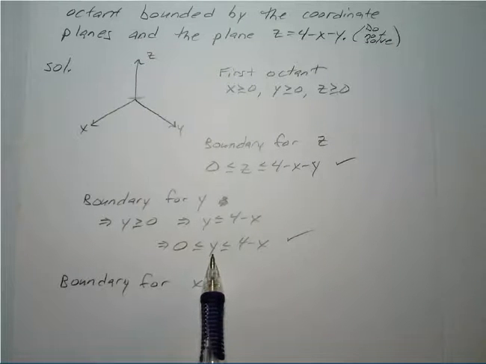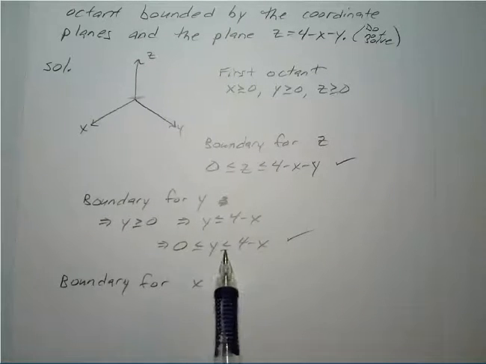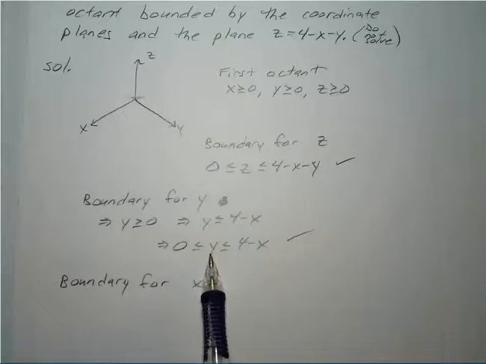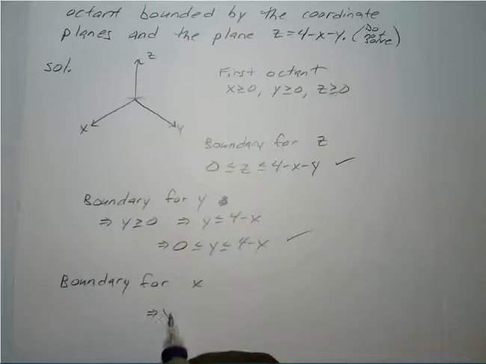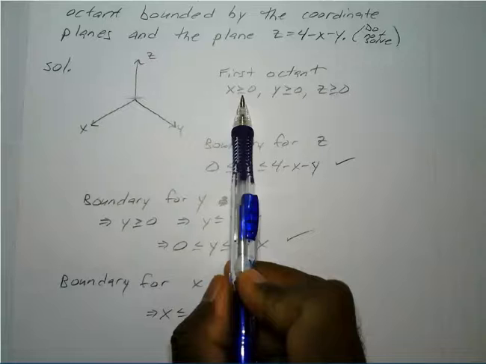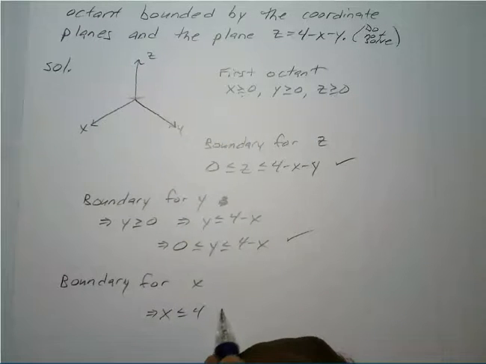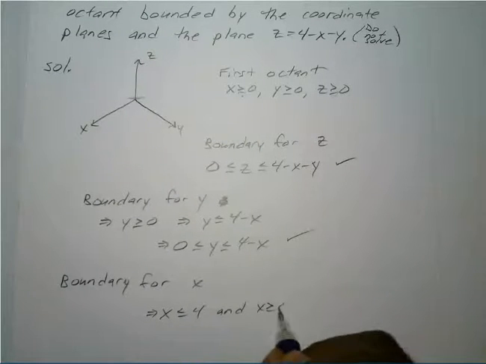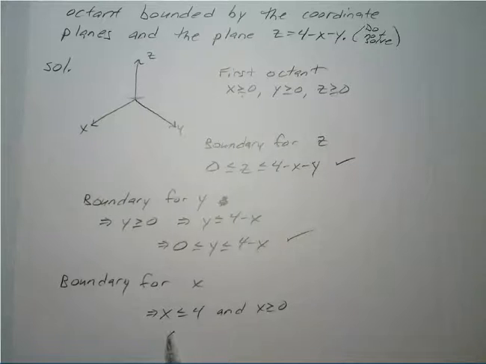If y is equal to 0, that would give us 0 is less than or equal to 4 minus x. Add x to both sides and we end up with x is less than or equal to 4. Now we add that with the fact that x is greater than or equal to 0, and we get the boundary of 0 is less than or equal to x, less than or equal to 4. Once we do that, all we have to do now is just set up our triple integral.